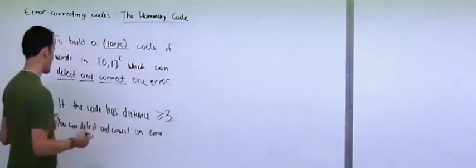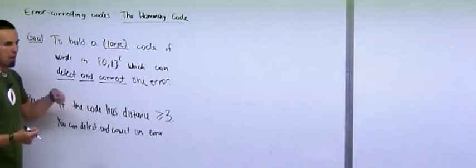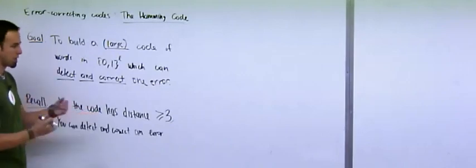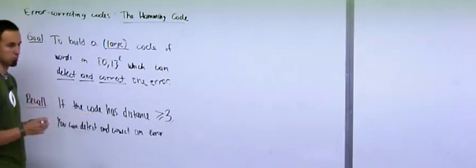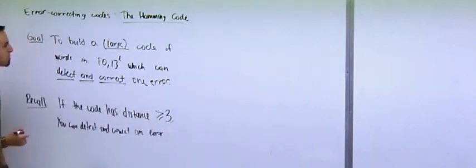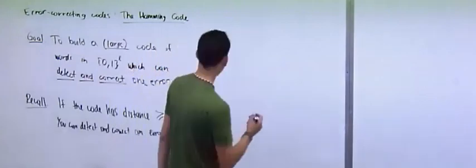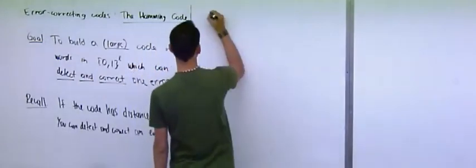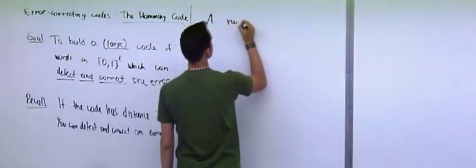And so what we want to do is basically find a lot of words that are far from each other, that are a distance at least 3 from each other. That's our goal. So let me make a rough estimate of what we could possibly do.